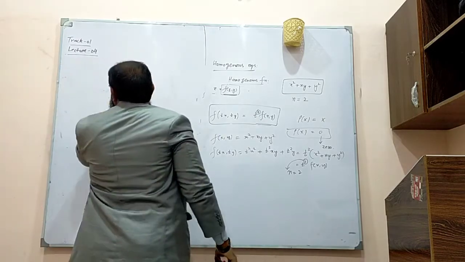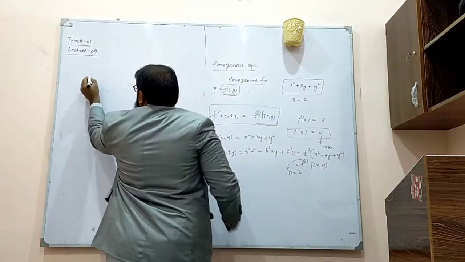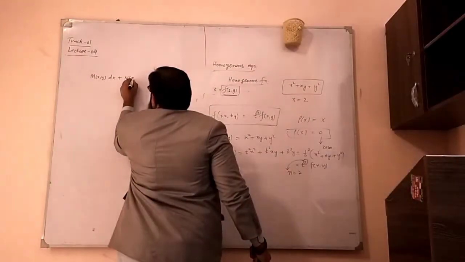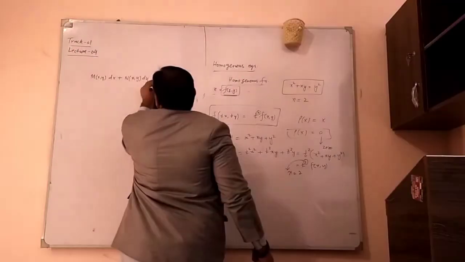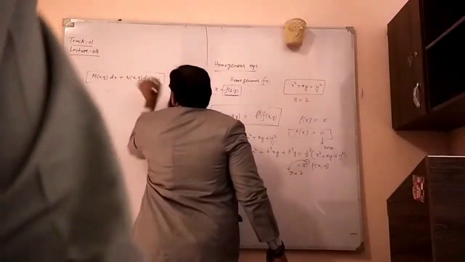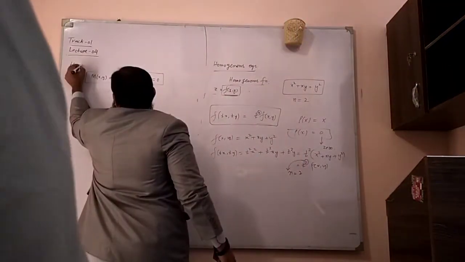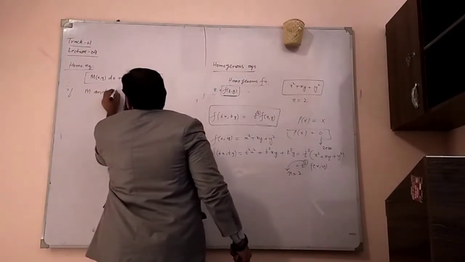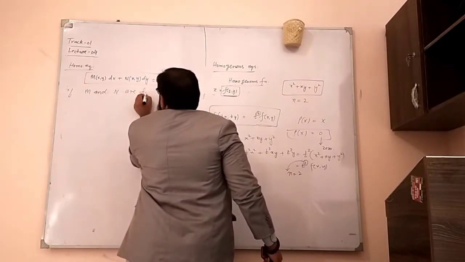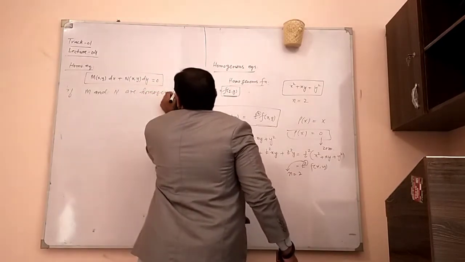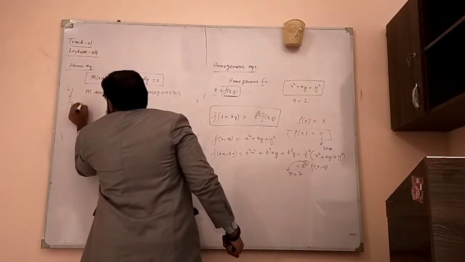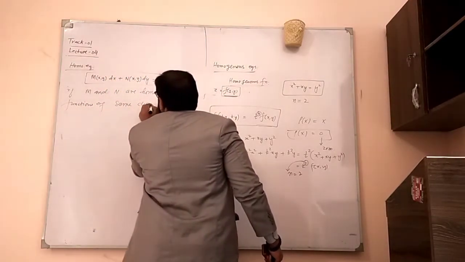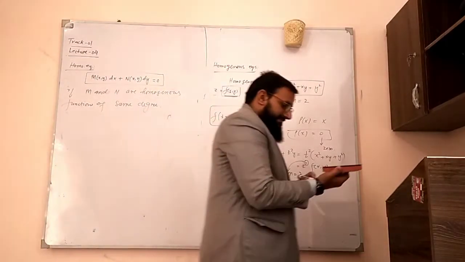Okay, so you have a differential equation, let's say m of x comma y dx plus n of x comma y dy equals 0. This is called a homogeneous equation if m and n are homogeneous functions of the same degree.